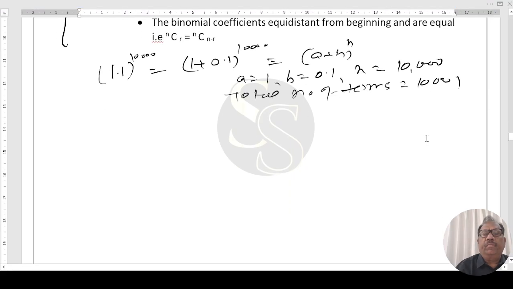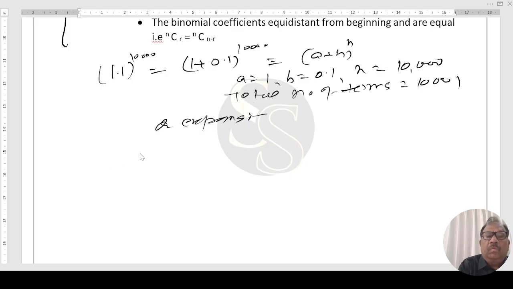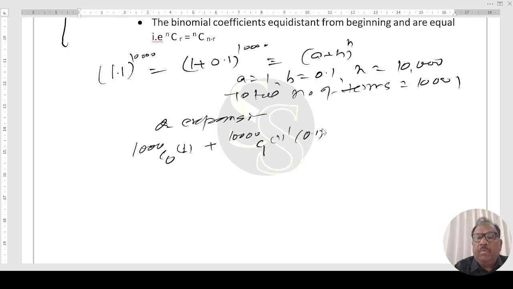Now on expansion, we get 10,000 C0 1 की power n, ठीक है, plus 10,000 C1 1 की power 1 into 0.1 की power, ये आएगी 10,000 का 9999, right? इसकी power 1 plus and so on.